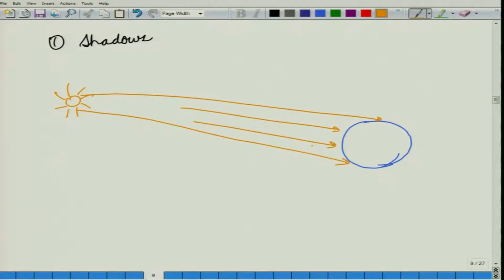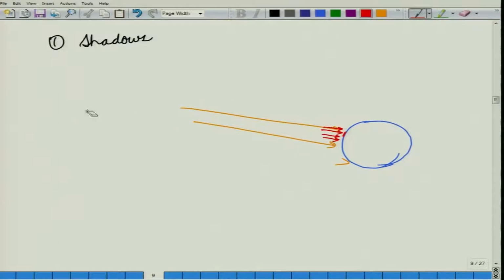These are parallel rays of light, and especially if we consider a small portion on the surface of the earth, then we can take this approximation very easily that all the rays of light are parallel when they are reaching this point. This is because the sun is at a very great distance from the earth.